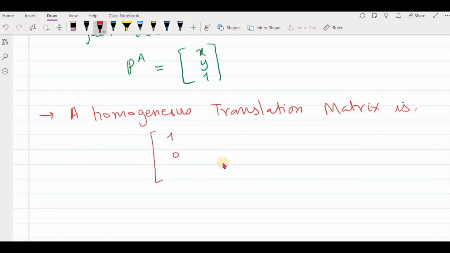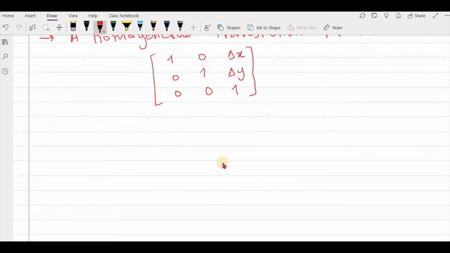We have 1 0 0, 0 1 0, and delta x, delta y, and 1. Okay, so this is a translation matrix, a homogeneous transformation matrix.